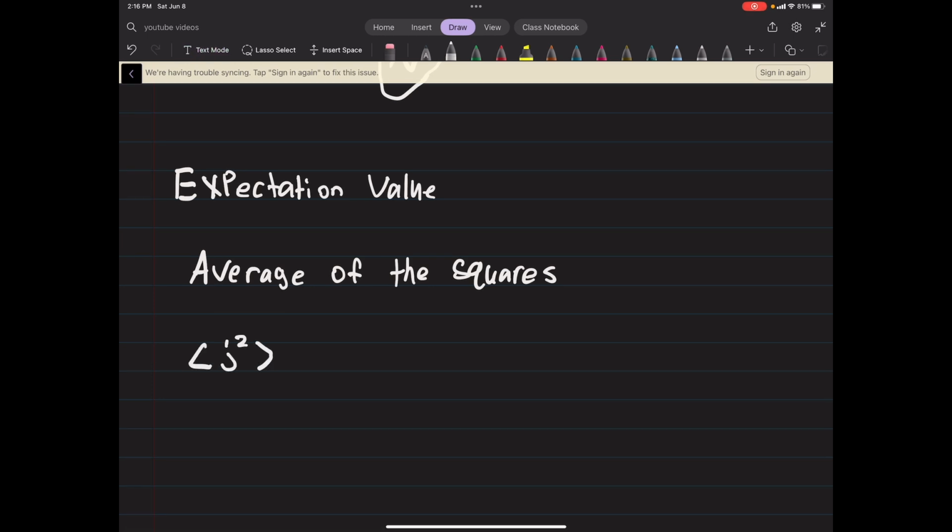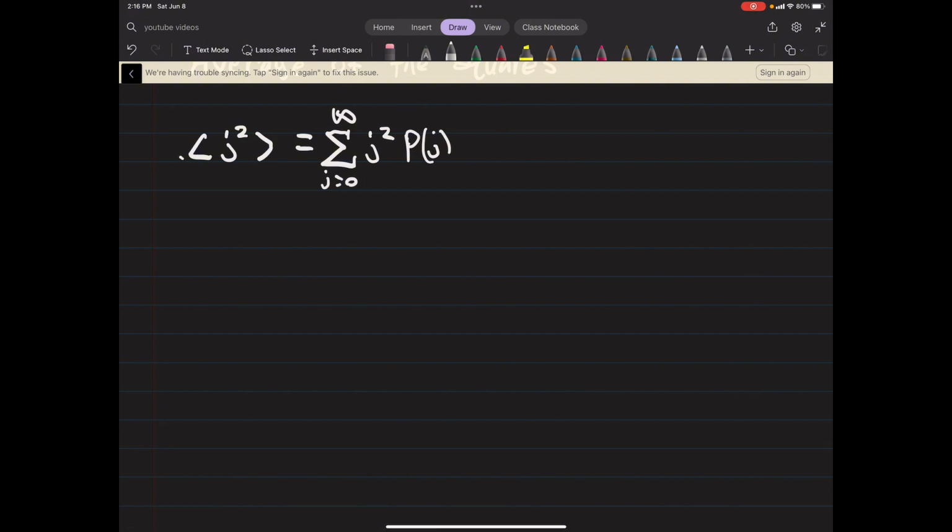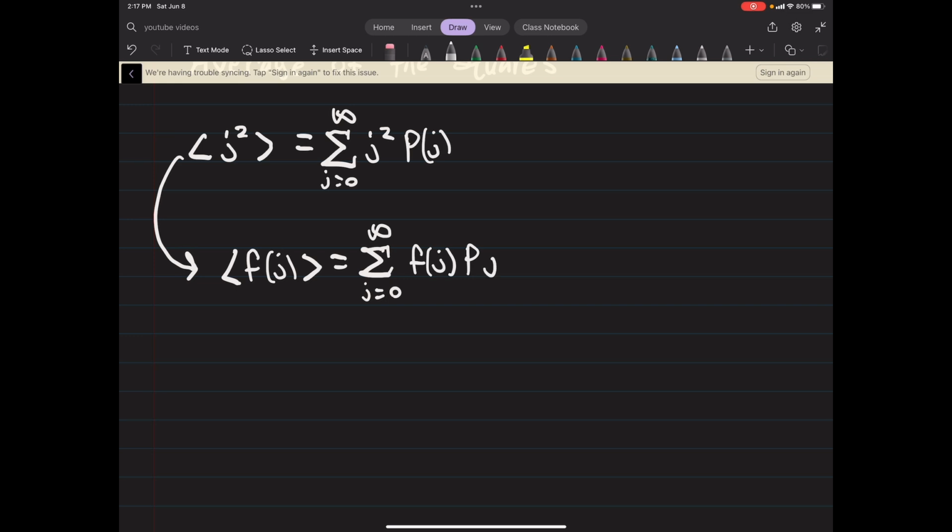If you square the ages, now your sum, instead of being j, will just be j squared over all j. And it doesn't have to be squared even. If you want to be general, any average of a function of j can be written as the sum over all j of f of j times the probability of getting j.